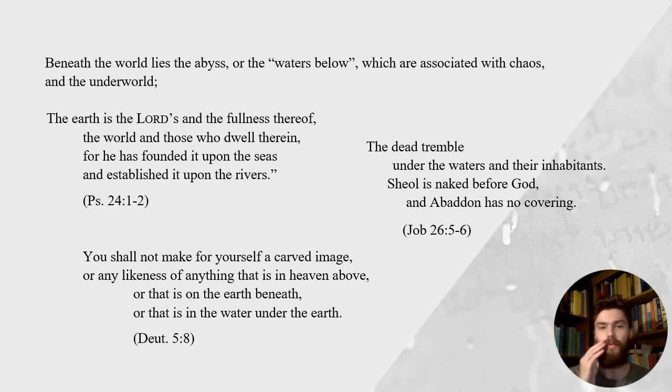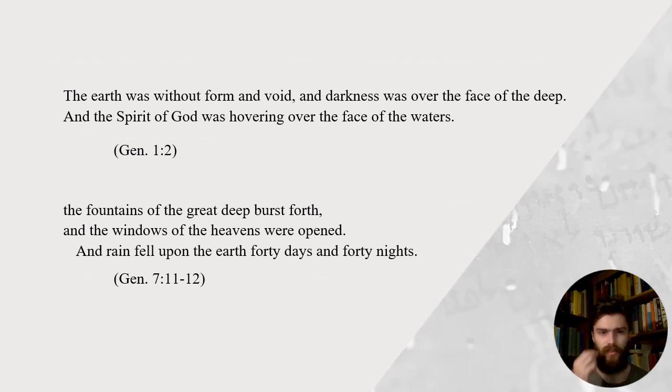And the connection with the underworld is the understanding that under the waters the dead tremble. Sheol is naked, Abaddon has no covering. And so Sheol, or the underworld, is understood as being under these waters, the waters under the earth. We see this more in scriptures like Genesis 1:2, with the idea that there is darkness and void, water, and the Spirit hovering over the face of the waters, the face of the deep, which God will then separate into the heavens above and the waters below.